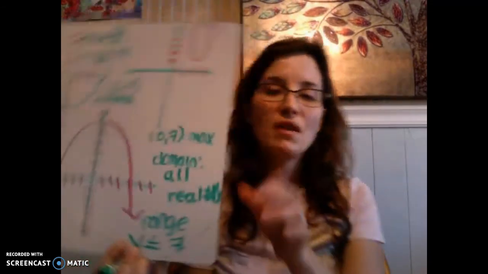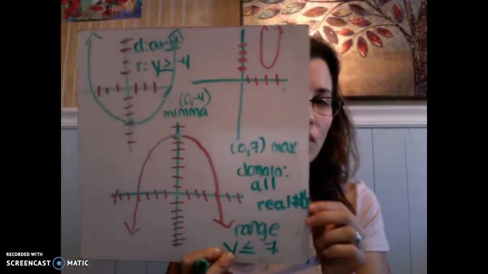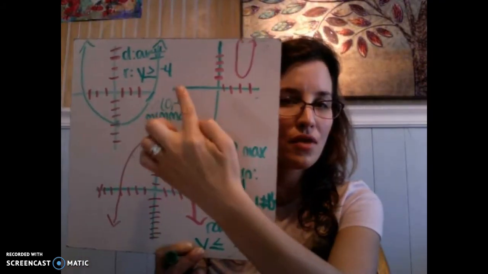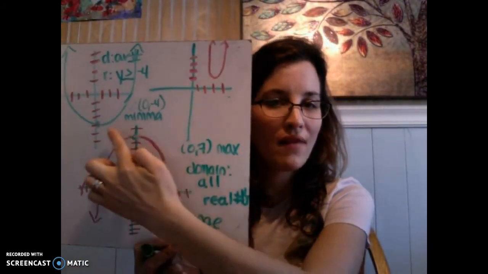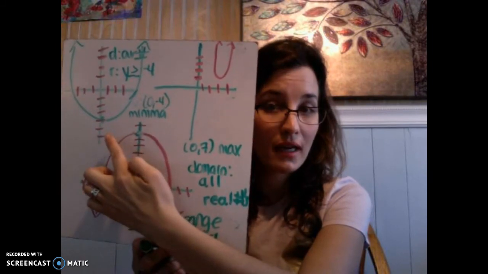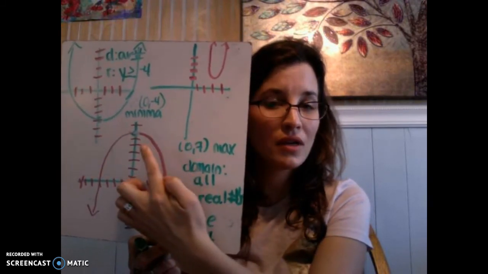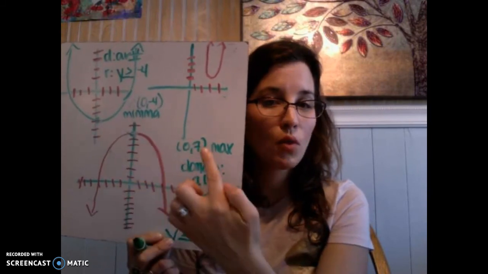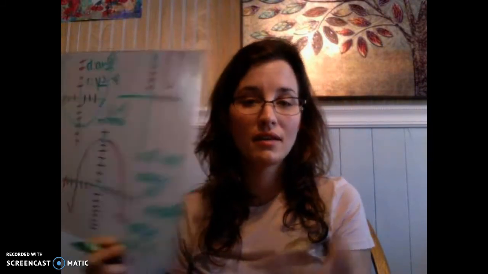So for this first one, my domain is all real numbers, and my range is y is going to be greater than or equal to -4, again, because it's going forever up. So when it is going up, it's going to be greater than whatever the y value is of the vertex. When it's going down, its y is going to be less than, or equal to, whatever the y value of the vertex is. Okay?